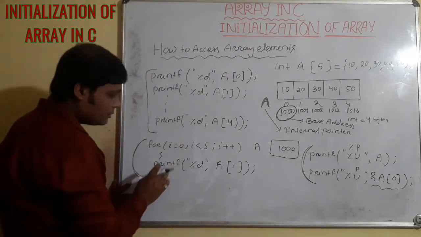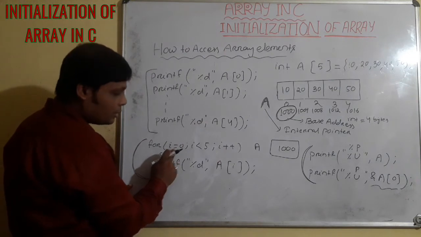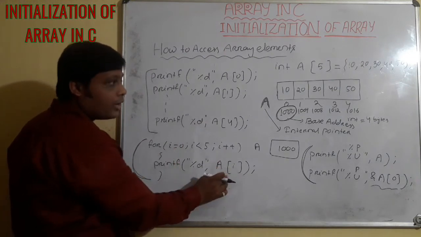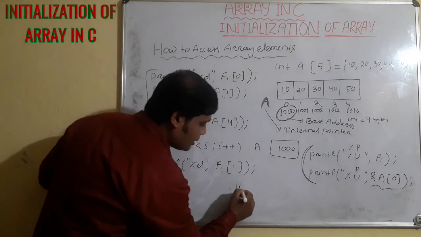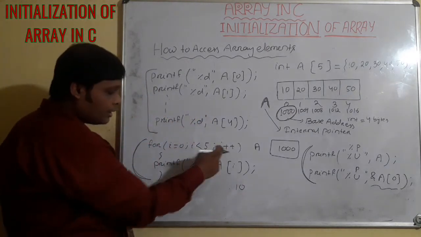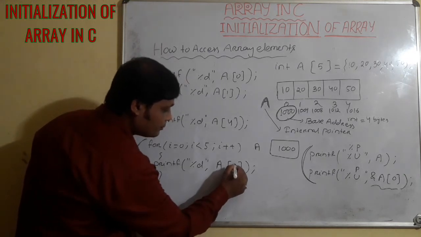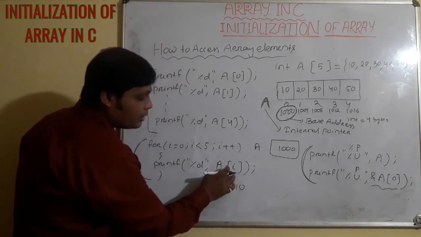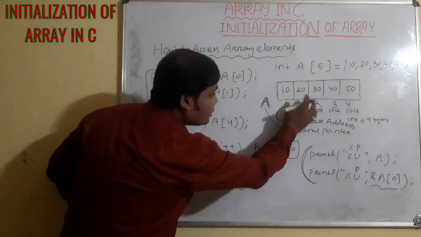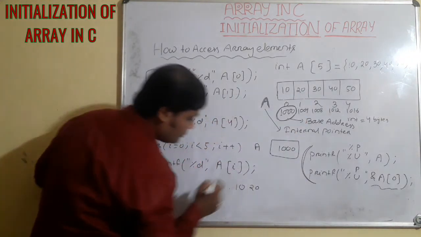Just see, when i value is 0, it will print A of 0, the value at A of 0, that is 10. When i value will be 1, it will print A of 1, that is 20.